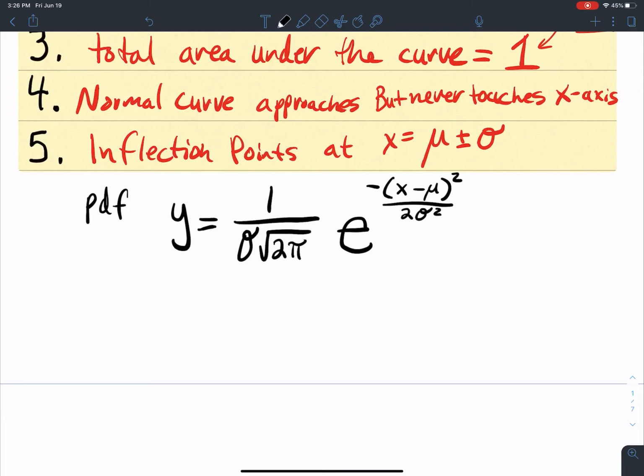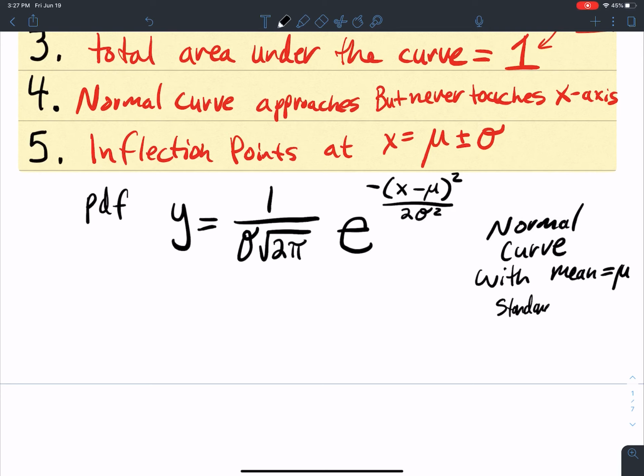So this equation is a normal curve with mean equal to mu and standard deviation equal to sigma, okay, in general.